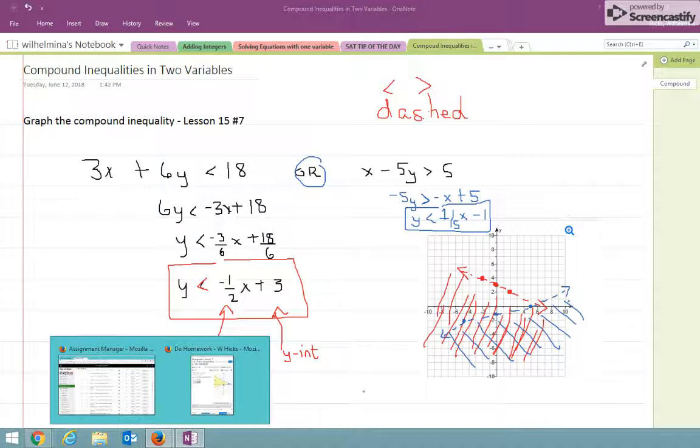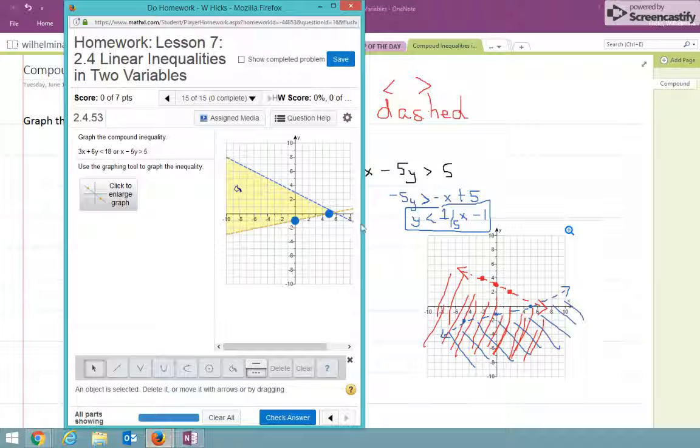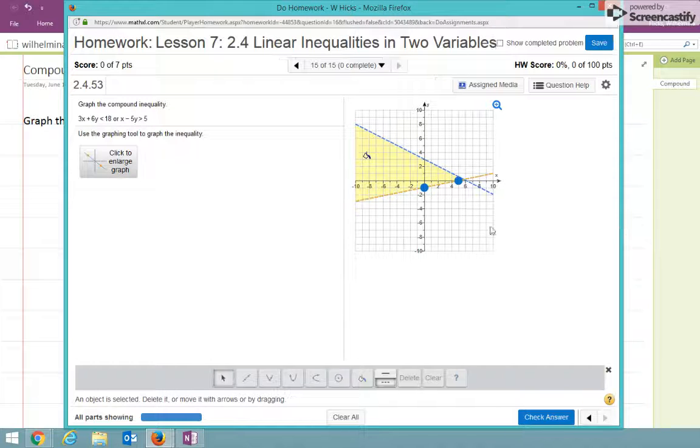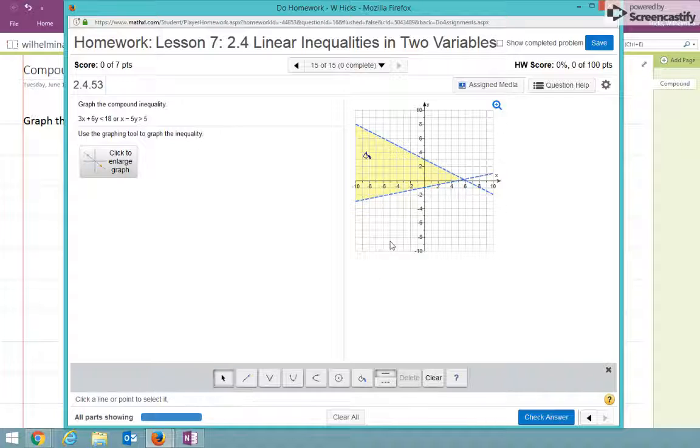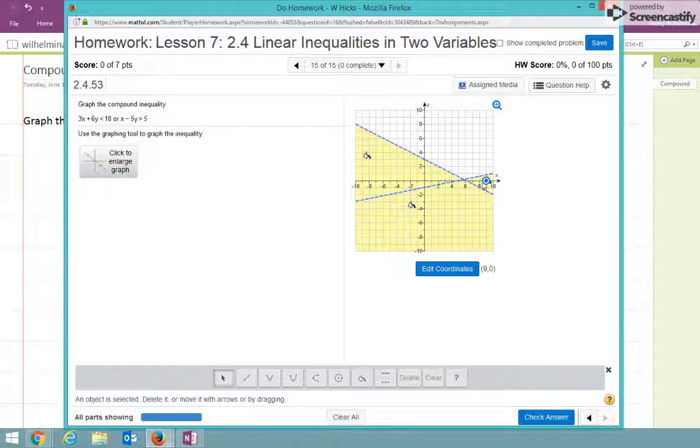And I will show you. So let's put this back here because we do need that. And also this area here that's below this line is also needed.